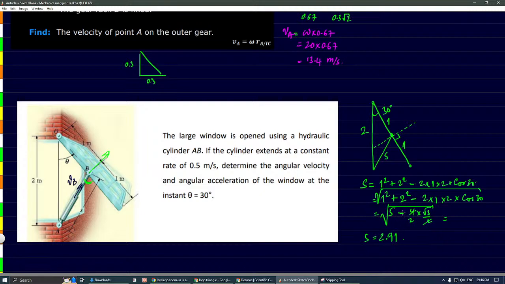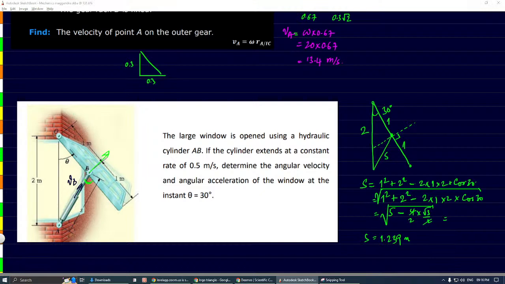Yeah, cosine rule is like that. It is supposed to be minus. So here we will get 1.239. Next, we need to find rotation.